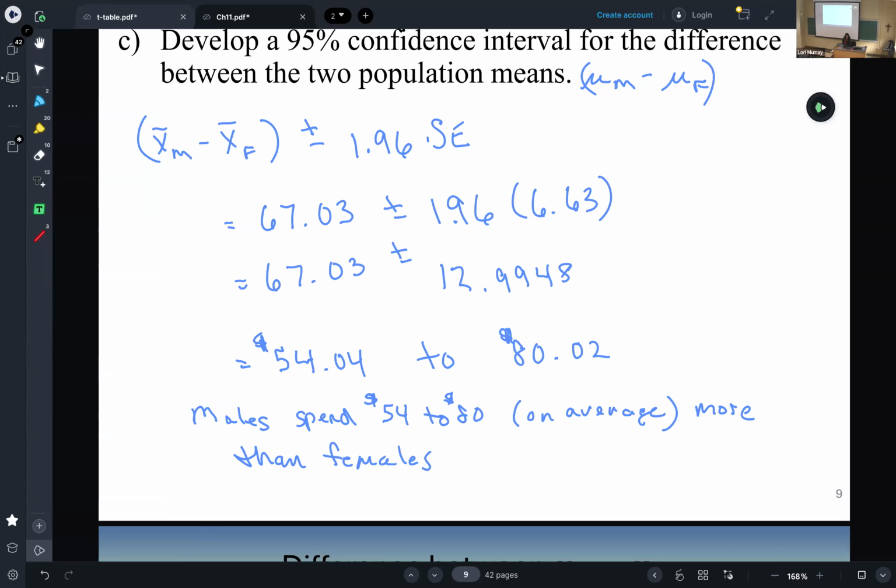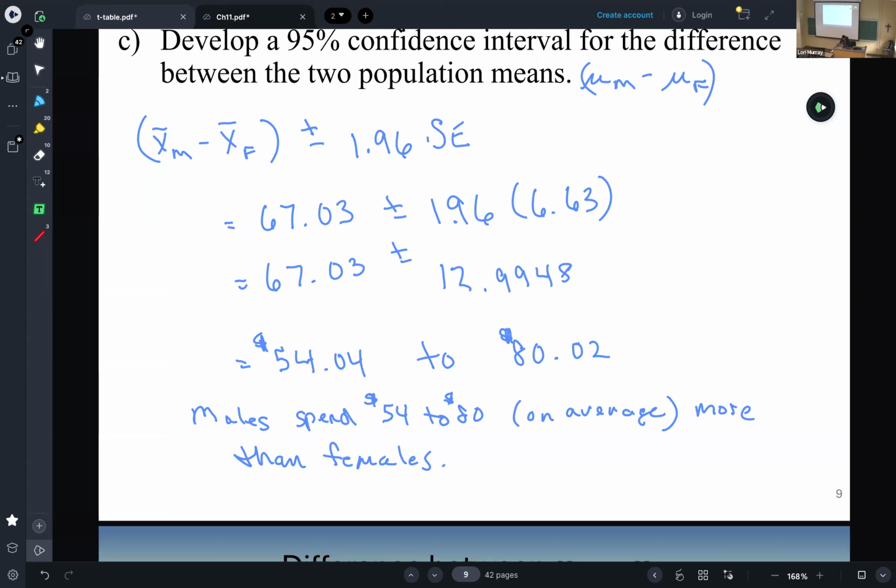And you've got to remember, always tie it back to the data. Sometimes we get lost in these calculations. Think back to what we were doing: the Valentine's Day expenditures. Males spend more than females on the Valentine's Day expenditures.